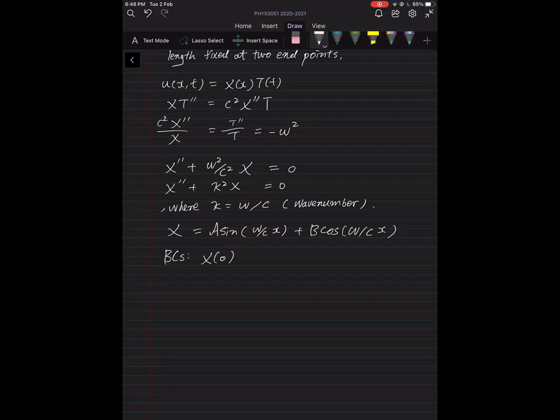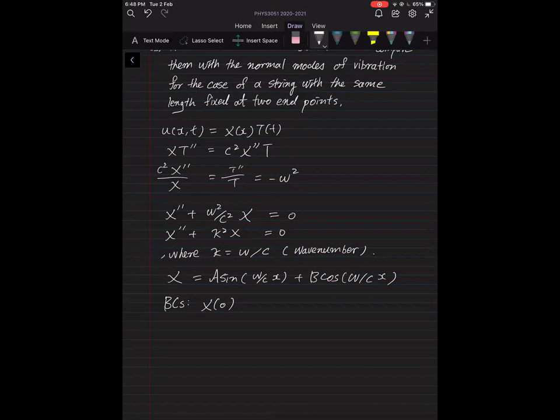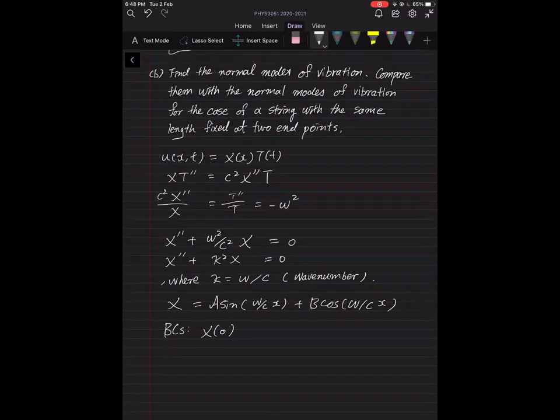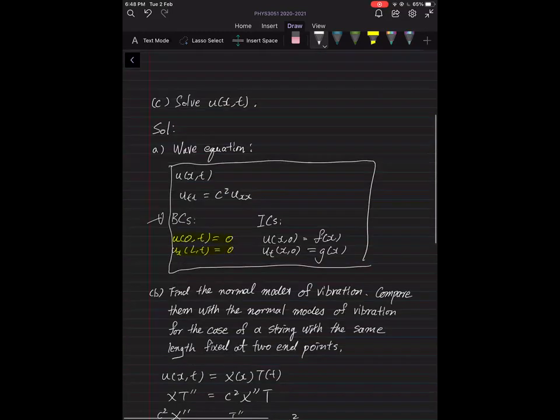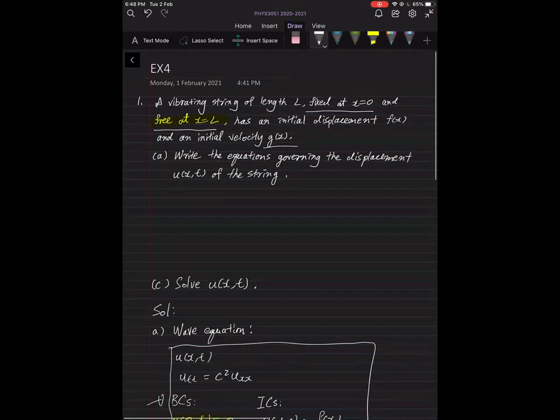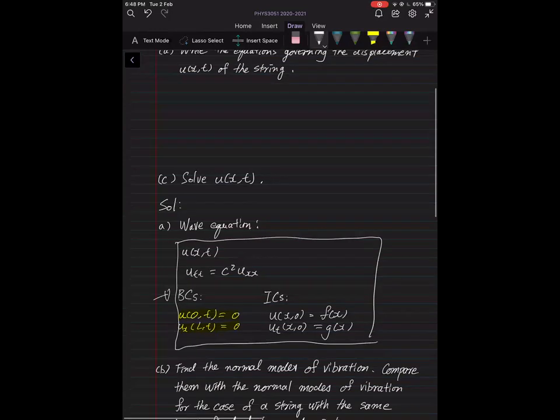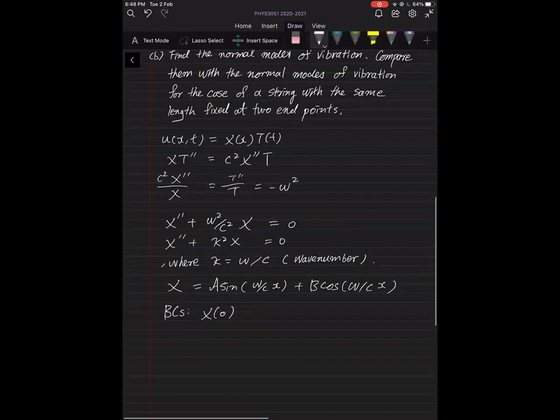Usually you do not need to consider all of the cases, but just be careful. For the questions that you are already familiar with, for example, for this type of trivial questions with a vibrating string, then you can just assume the constant here to be some negative number without considering other cases.